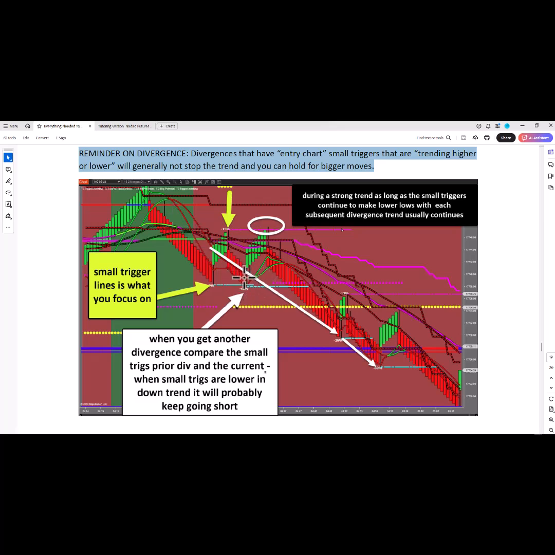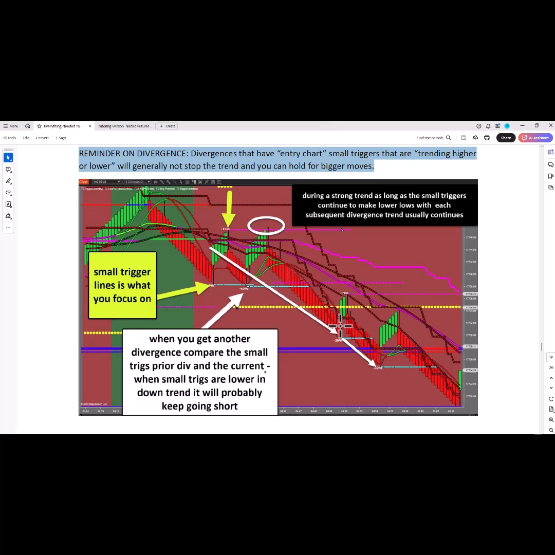Not only are they crossed down, but do you see how the small triggers make lower lows than the small triggers before? And the small triggers make lower lows than the small triggers before? That's another indication that divergence isn't going to stop the market.